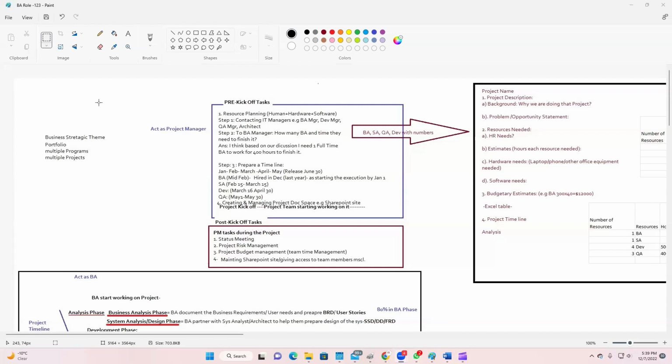Then the business operation and IT operation leadership meet, and they prioritize the business requests.